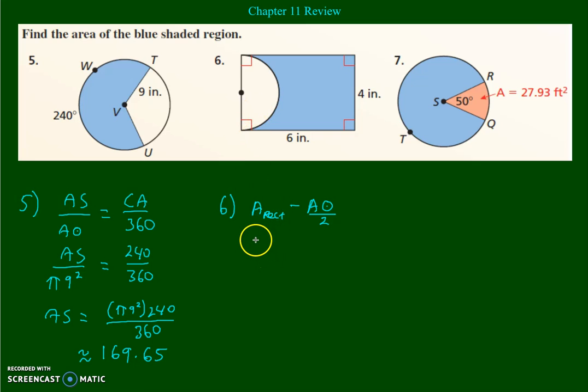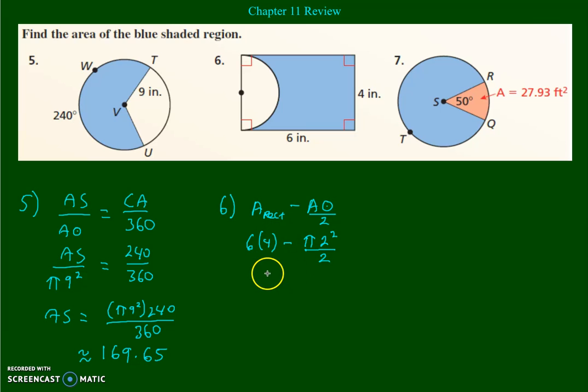So the area of our rectangle is 6 times 4, it's just length times width, minus the area of the circle. Well, the area of the circle is going to be pi times radius squared. If this side length is 4 and the diameter is 2 times the radius, then we know the radius has to be 2. So the area of the circle is pi 2 squared, because 2 is our radius, divided by 2.